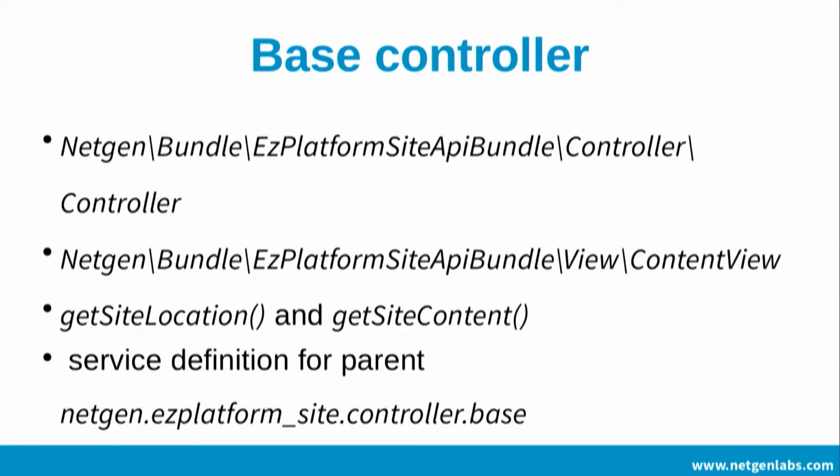Okay, let's say something about the base controller. So by default, in an eZ project, you will extend from the eZ controller that comes from, I believe, the core bundle. On the Site API, you extend from the Site API bundle controller, and you type in the content view from Site API rather than from the eZ core MVC something view.